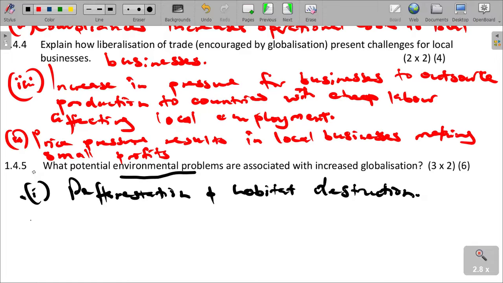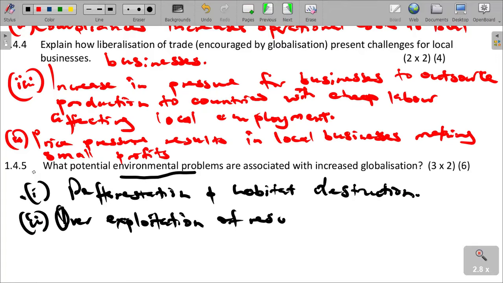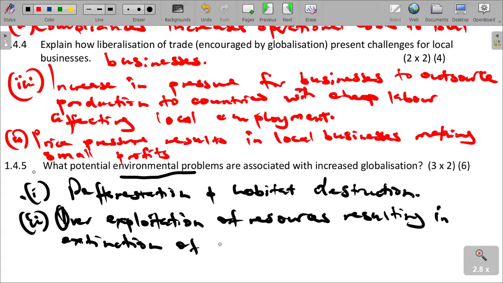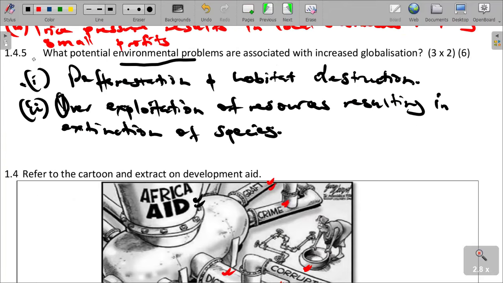We can talk about overexploitation of species and resources, resulting in extinction of some of those. Some species can end up no longer in existence because of that.